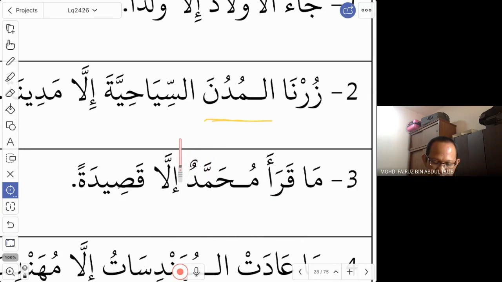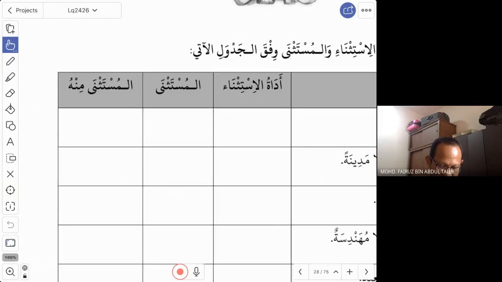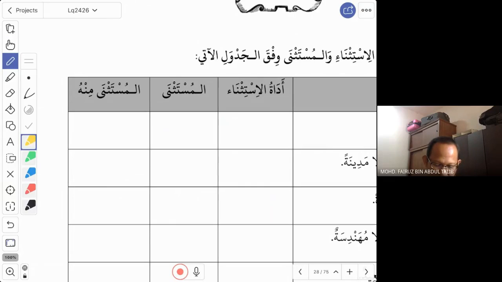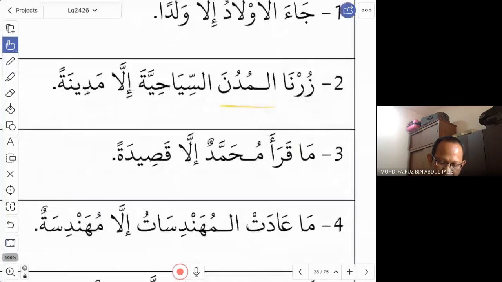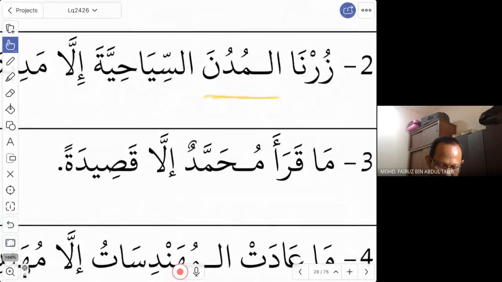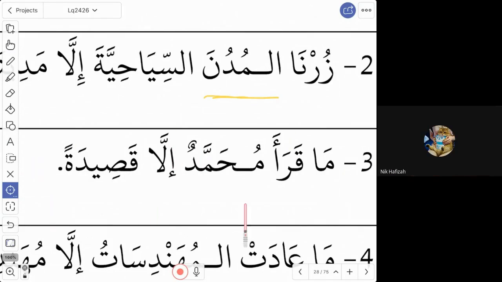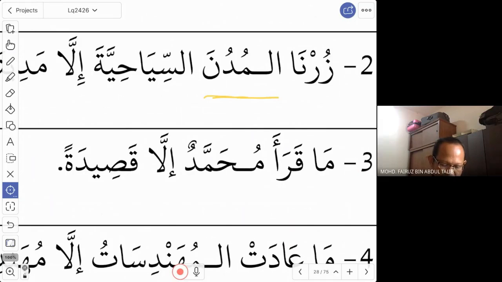So here we don't have the mustasna minhu. If they ask this in the exam, you just put a dash. We only have the mustasna and the adat istisna. Since this is manfi and the mustasna minhu is not mentioned, this belongs to group number 3.